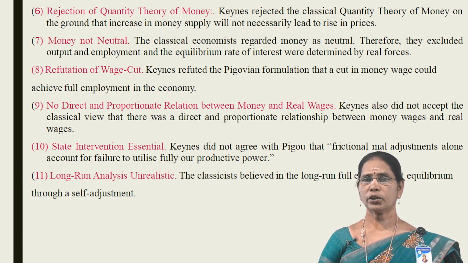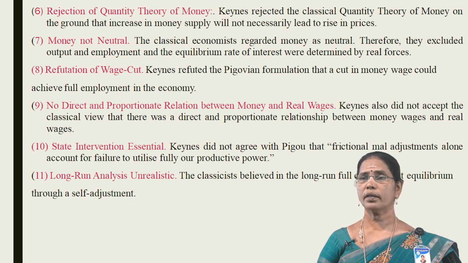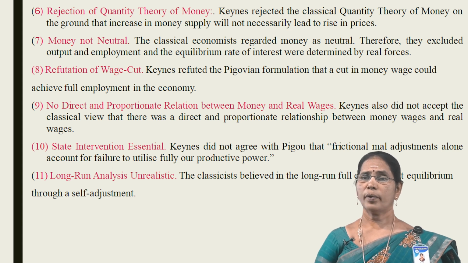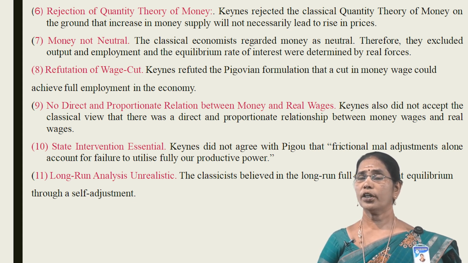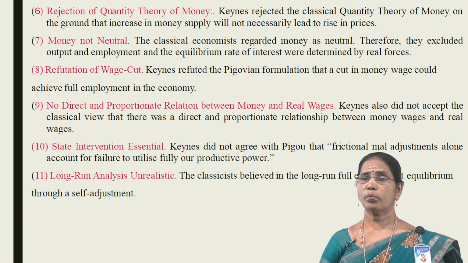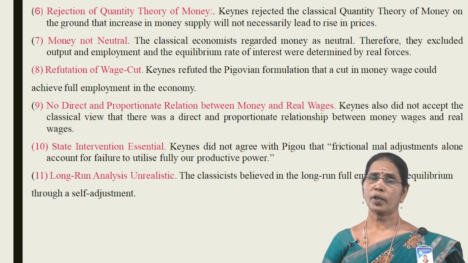Therefore, they held that output and employment, and the equilibrium rate of interest, were determined by real forces. Money is not always neutral. In a dynamic economy, the money supply is changed according to the gross domestic product of the economy.